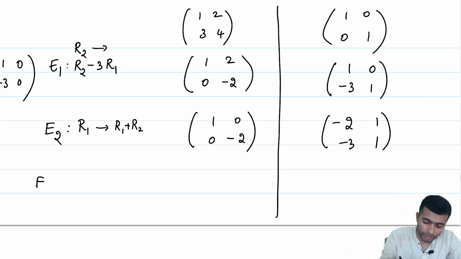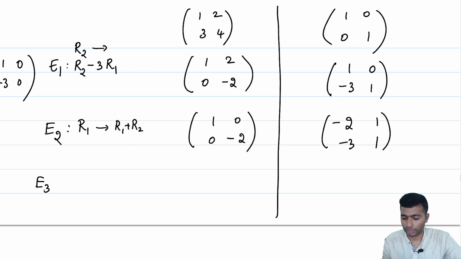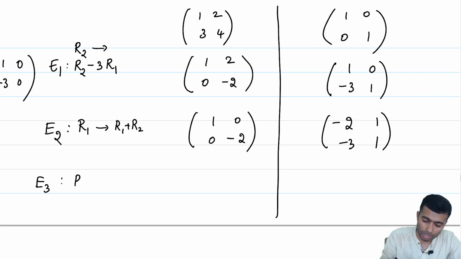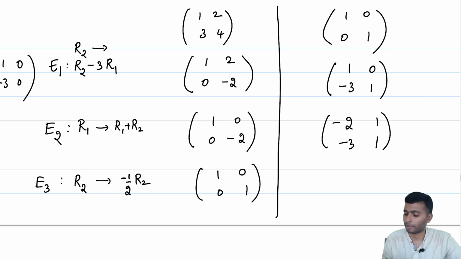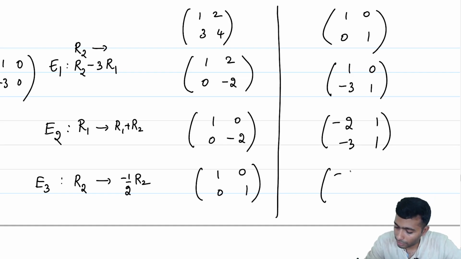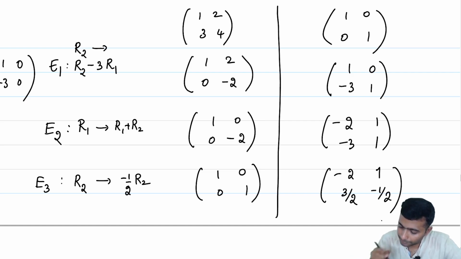Now, E3 will be a type 2 row operation, where we will multiply the second row by minus 1 by 2. So, R2 we will replace by minus 1 by 2 times R2 to get the identity matrix, and here it will be minus 2 1, the second row is multiplied by minus 1 by 2 to get 3 by 2, and here that will be minus 1 by 2.